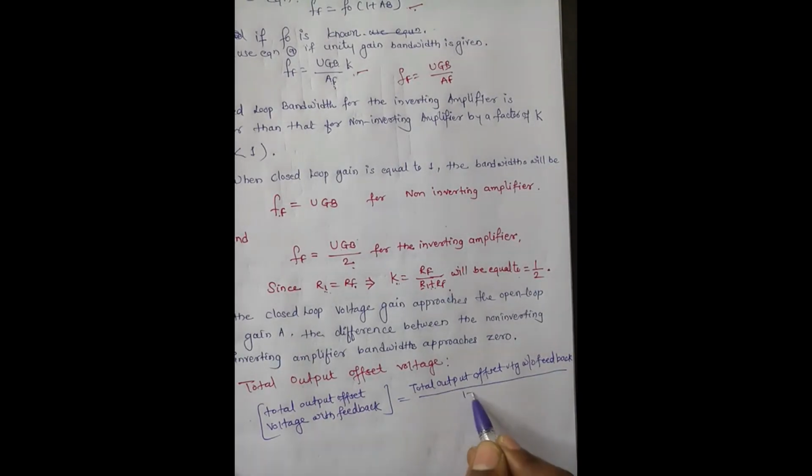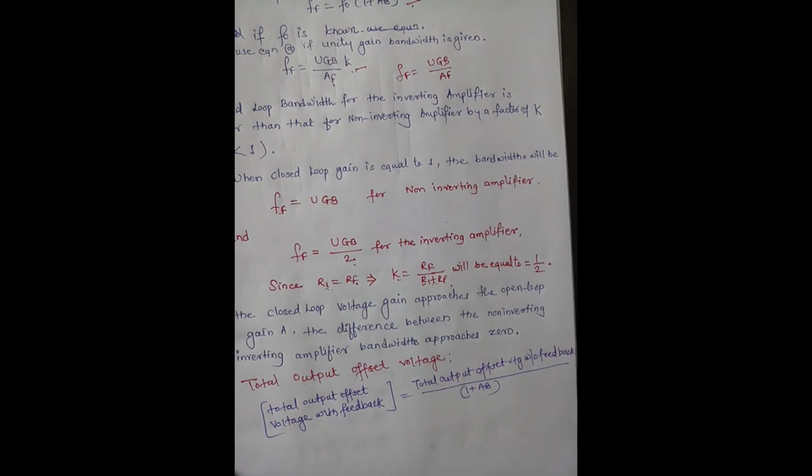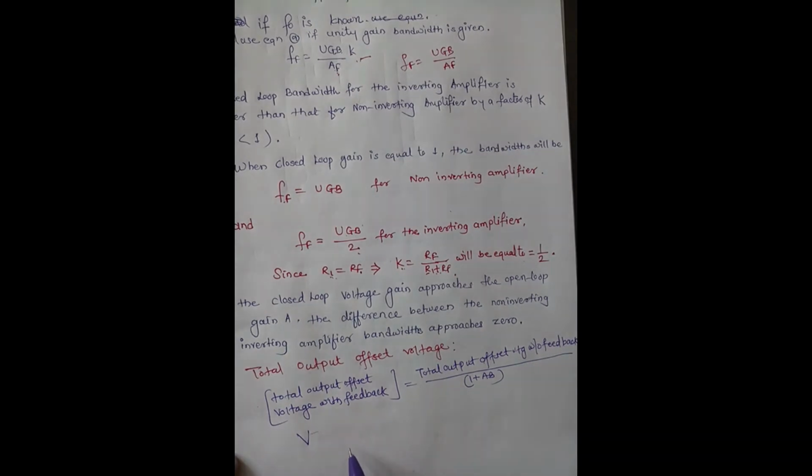That is how we represent it, the total output offset voltage is VOOT.